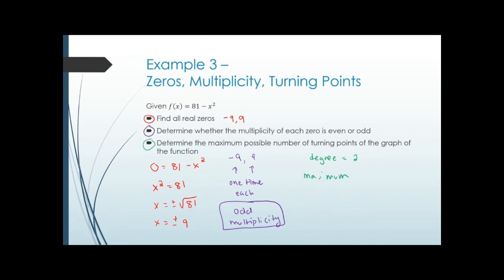The maximum number of turning points is n minus 1, so that's 2 minus 1, so we're going to have 1 turning point. It's going to have just 1 curve in the graph at most.